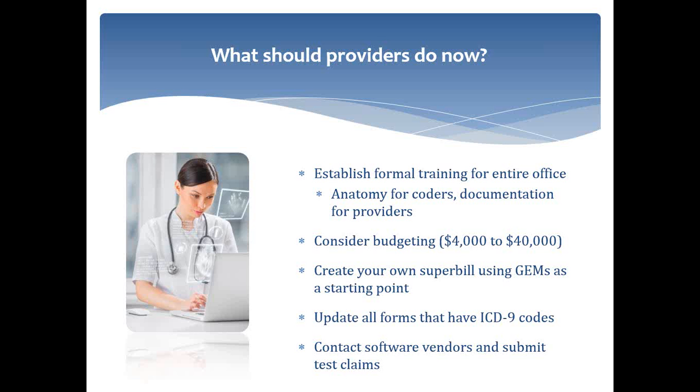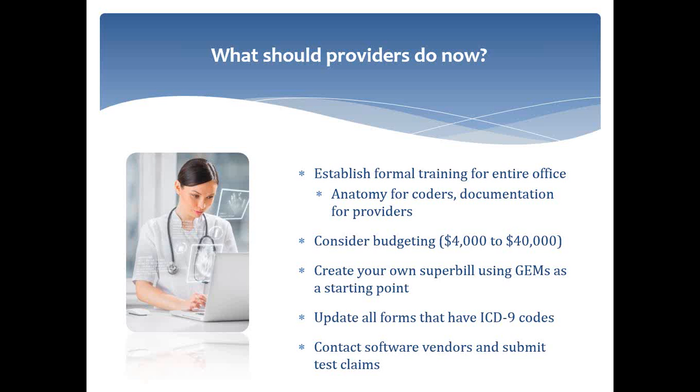And then one of the other things that you should consider is contacting your vendors. Primarily software. There's a lot of software concerns here, so you should reach out to those vendors, your clearinghouse as well, and talk to them and say, okay, when can I do a test claim? What are you going to do with me? How can we work together to make sure this is going to work?